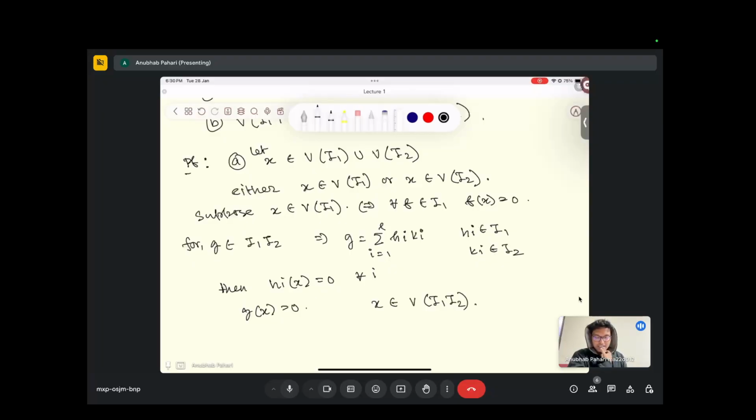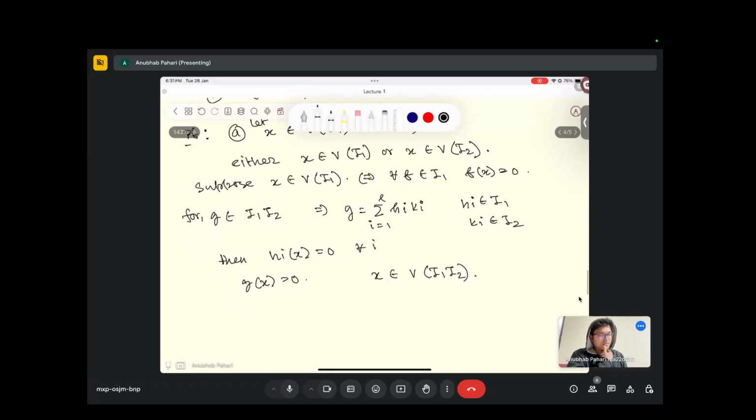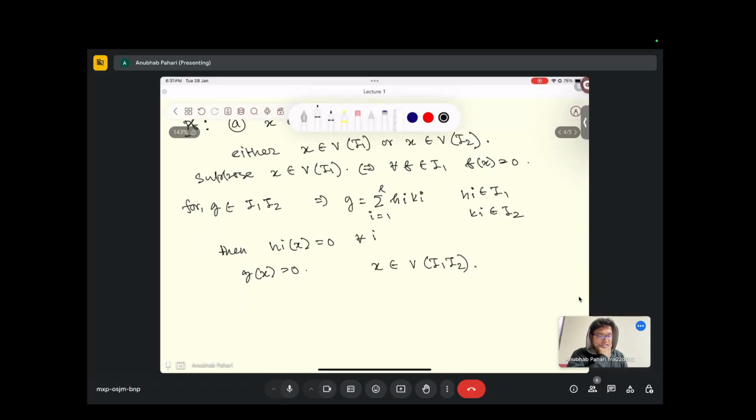Similarly, one can show the other direction. Now let y belongs to Z(I1 I2).